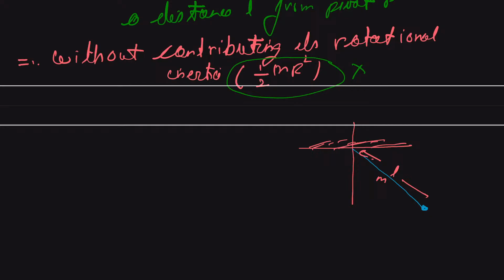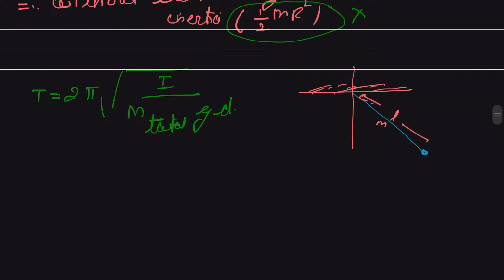And once again we know that our time period formula is T equals 2 pi times the square root of moment of inertia over our total mass times g times d. So once again we are going to find d, which is the distance of the center of mass of the system from the pivot point.